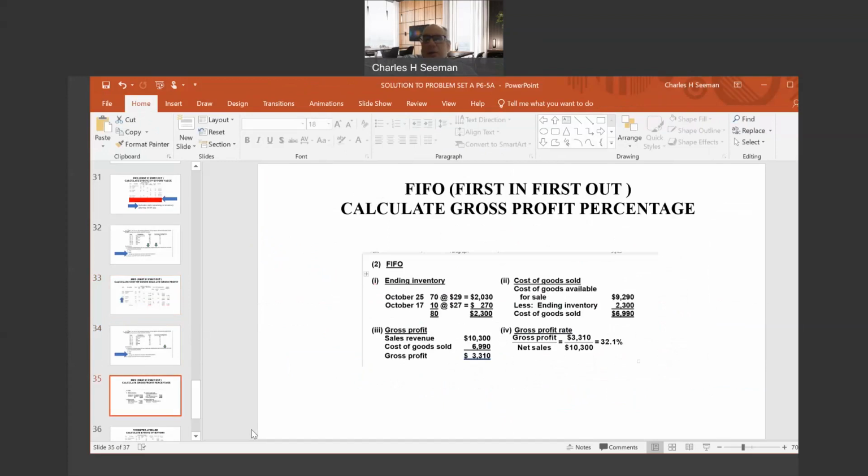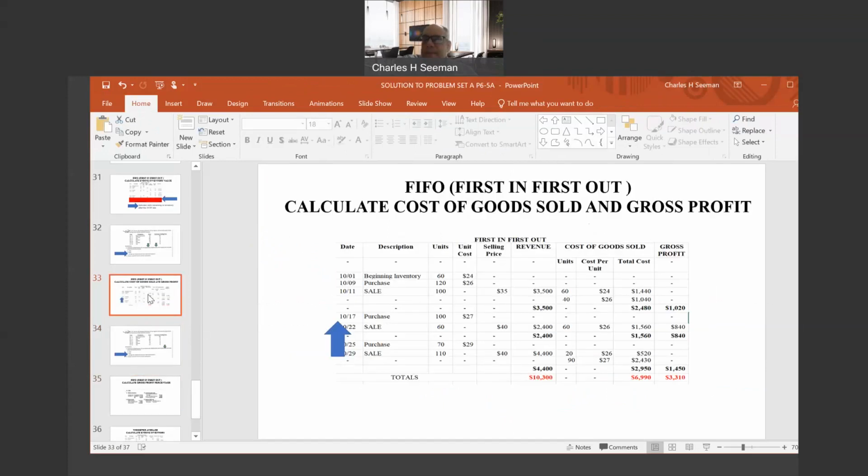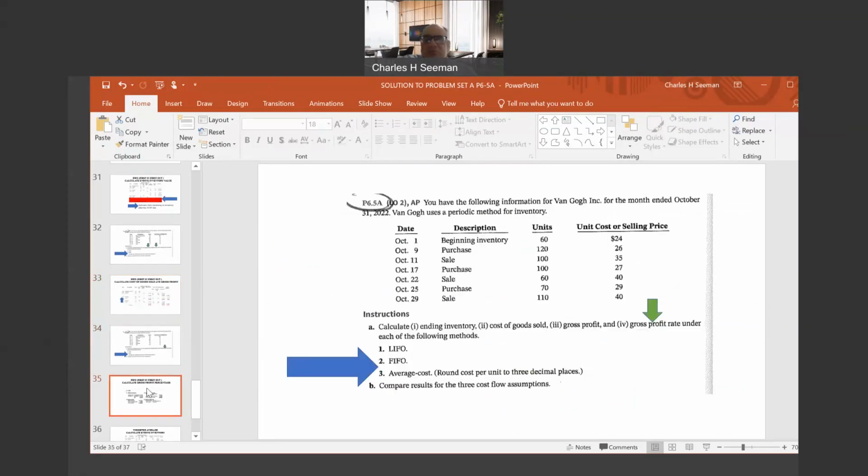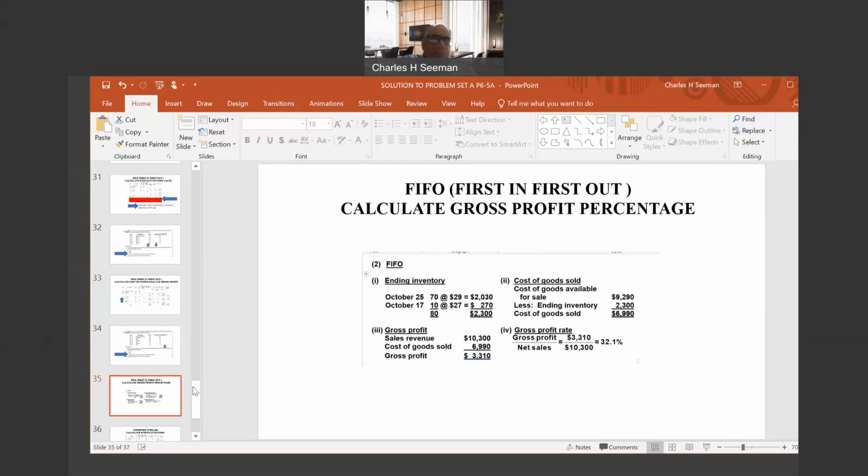Gross profit percentage is simply gross profit divided by sales revenue. Sales are 10,300. Gross profit is $3,310, and you just divide.